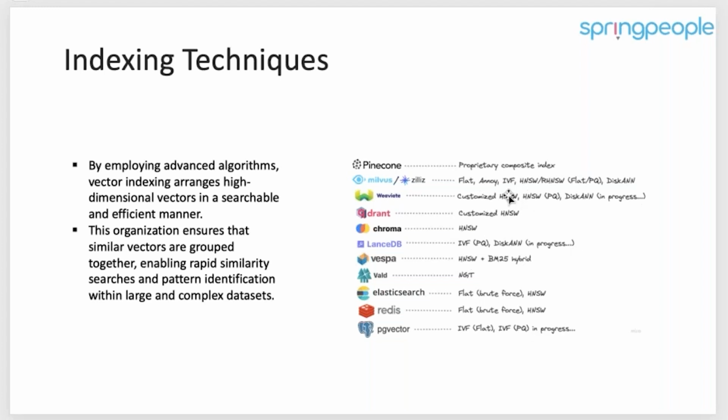But you'll notice there are very familiar tools, and I'm sure you might have at least worked with a few of them, like Elasticsearch and Redis. They all have their different ways of indexing using various algorithms.